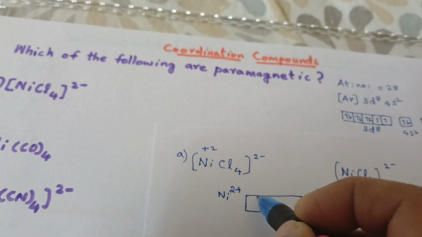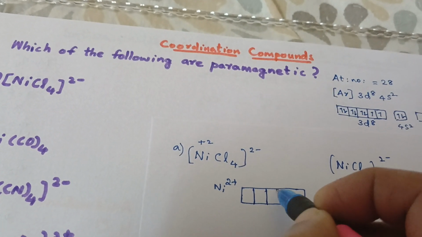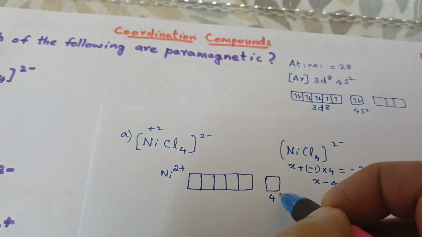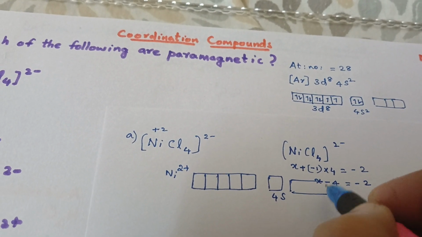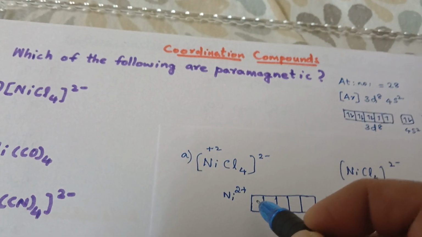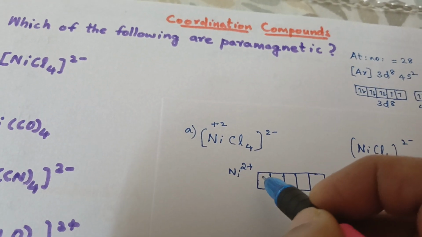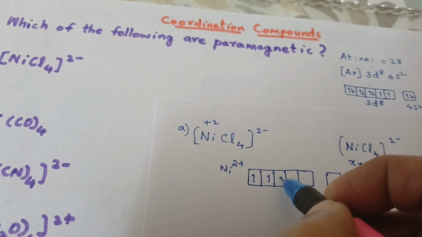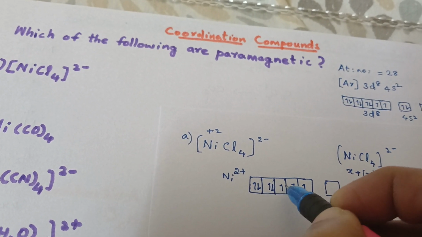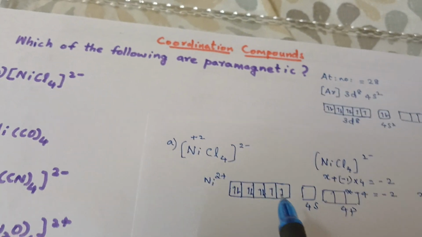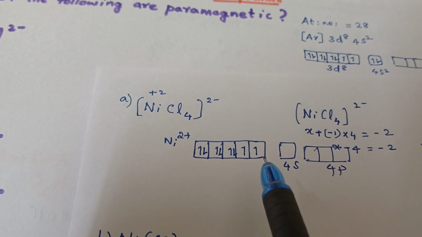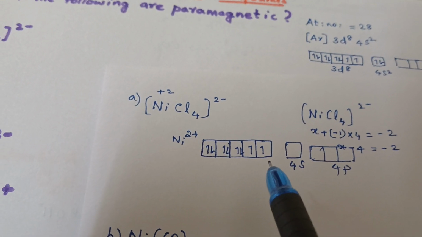Now 4s is vacant, 4p is vacant. Now the 3d8 electrons: 1, 2, 3, 4, 5, 6, 7, 8. Now how many unpaired electrons are there? 2 unpaired electrons are there.